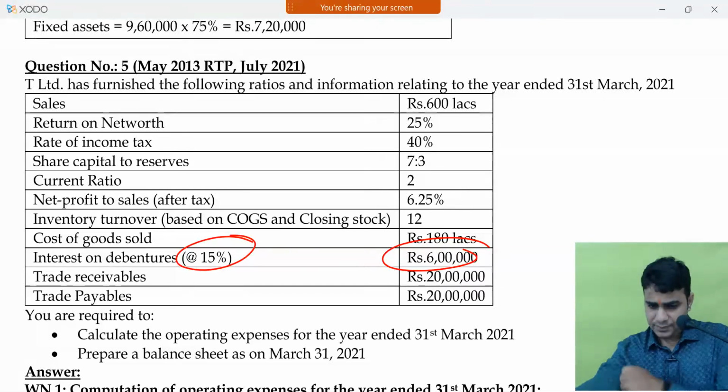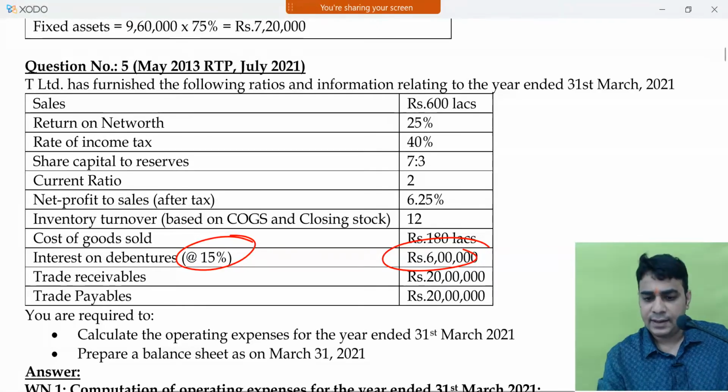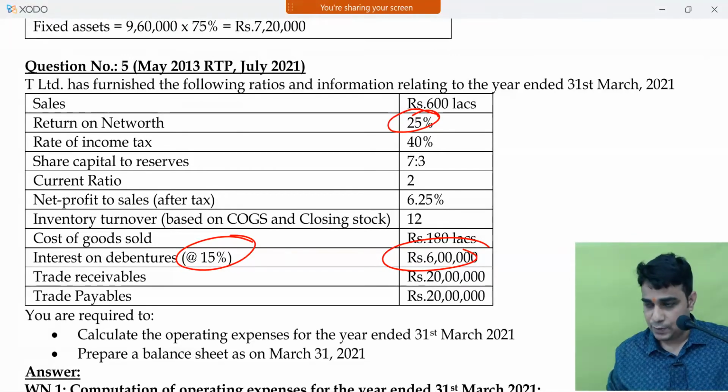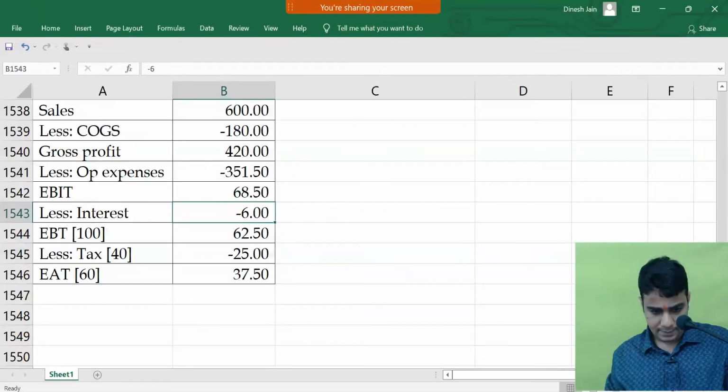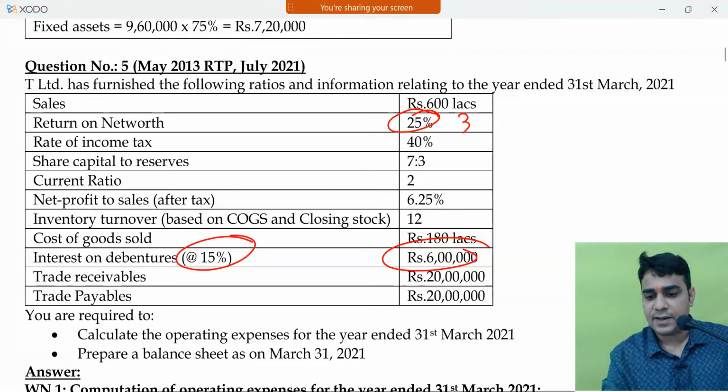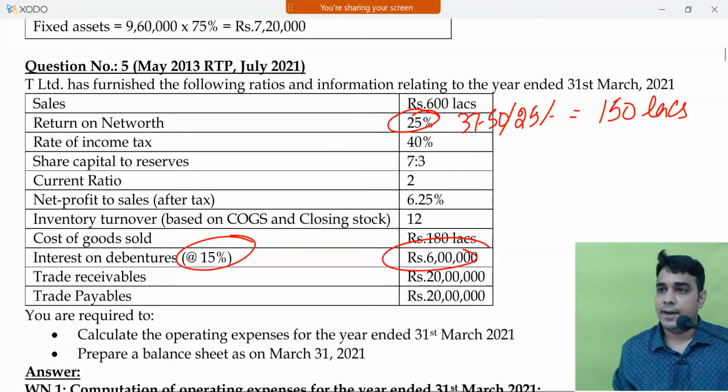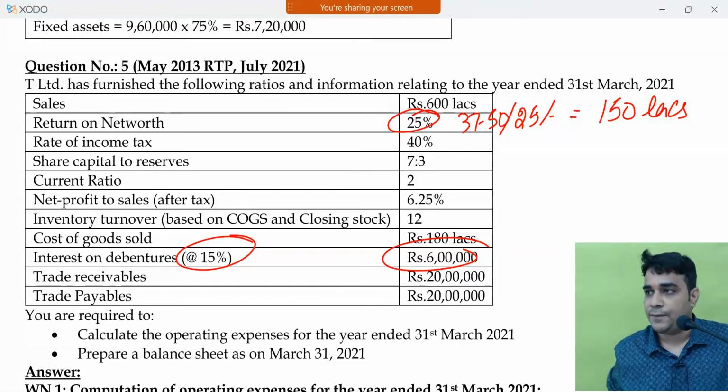Okay, let me use some of the ratios quickly. Return on net worth is 25%. My earnings after tax is this. By 25%, my net worth should ideally be 150 lakhs, 37.5 by 25%. I'll prepare the balance sheet in some time.